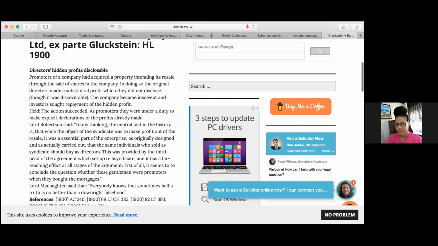Okay, so you're saying she's in the process of forming a company and she doesn't want any personal liability upon any contracts she may enter into.